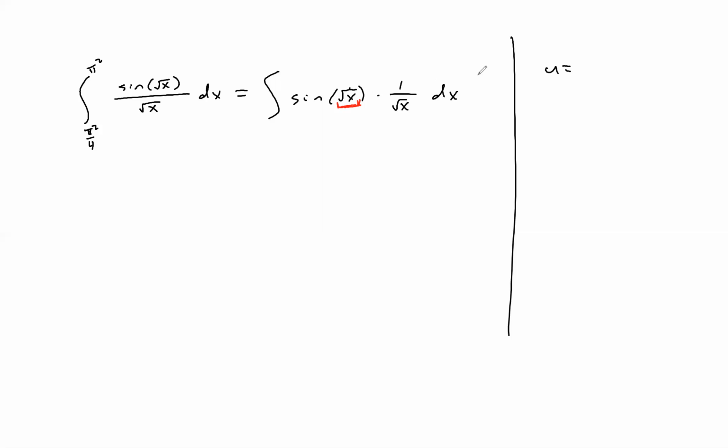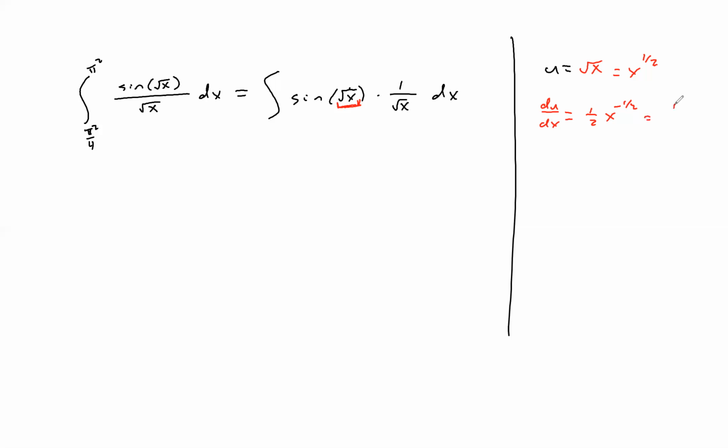So u equals square root of x. So what's the derivative of that? The derivative of u with respect to x. Remember, this is x to the 1/2 power, so I just need my power rule. 1/2 x to the negative 1/2. Now, if I leave it written like this, maybe you don't see how this is useful, but I can rewrite this with a positive exponent.